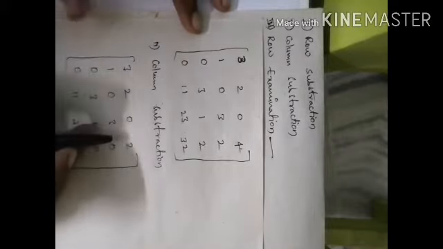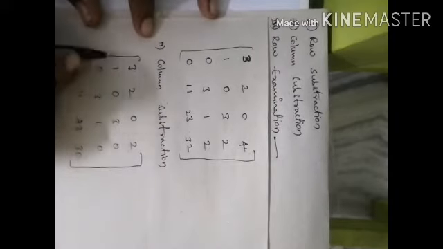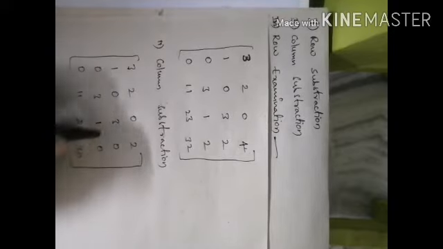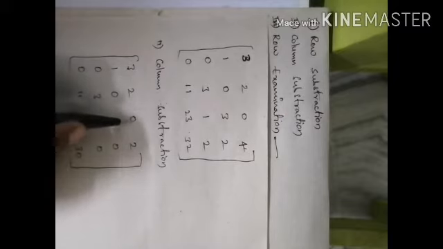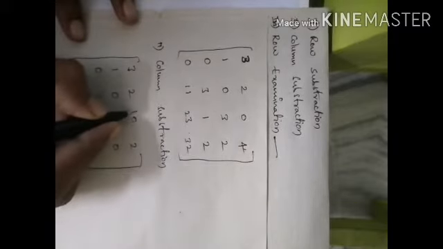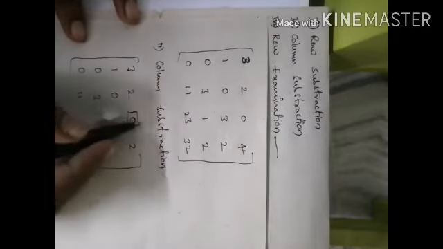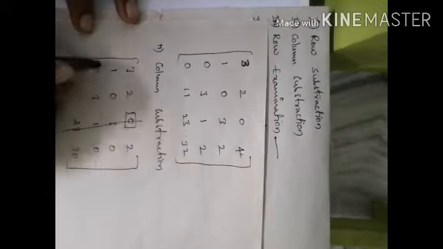Row examination means in each row we see whether it has at least one zero or not. If one zero is available, then enclose it in a rectangle and cancel it vertically. Then see the next row.